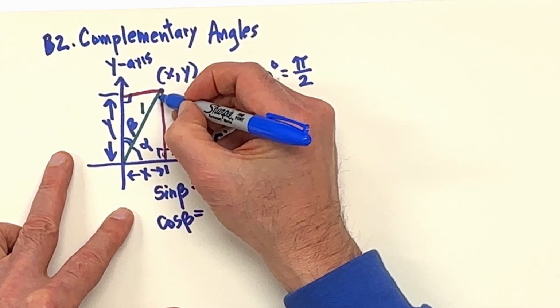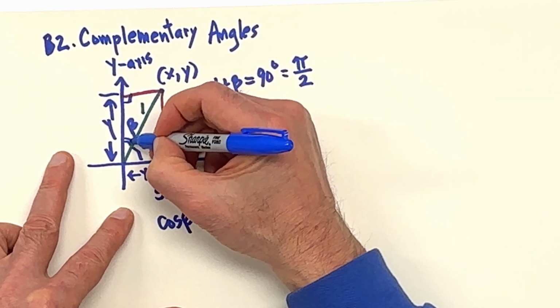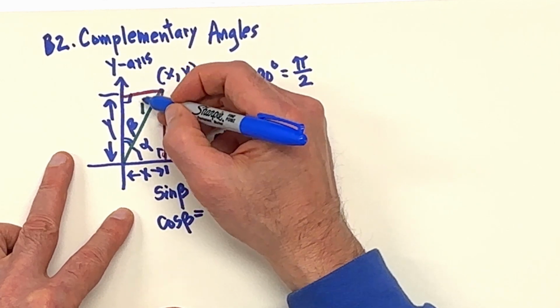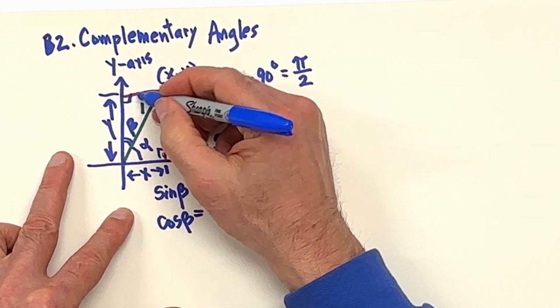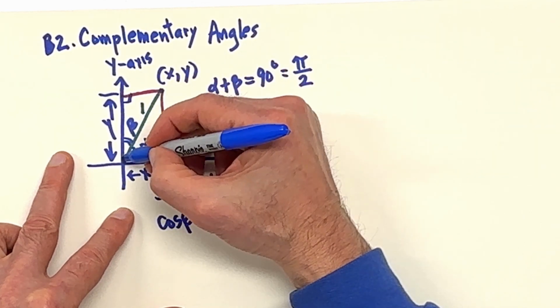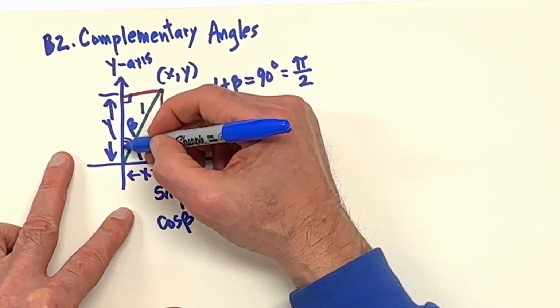Once you have your hypotenuse designated, it's easy to find the opposite one first. The opposite one's your sine, so the sine of beta is this distance x. And then the adjacent one here is going to be the cosine of beta. It's going to be y.